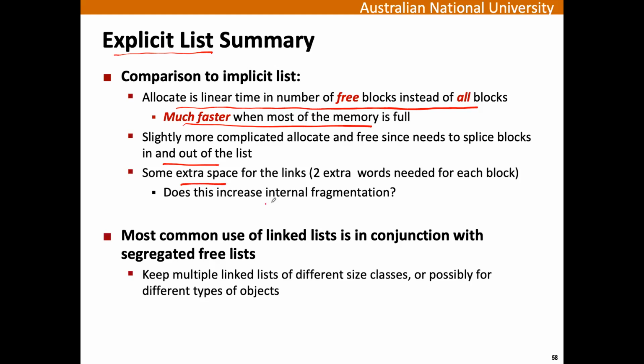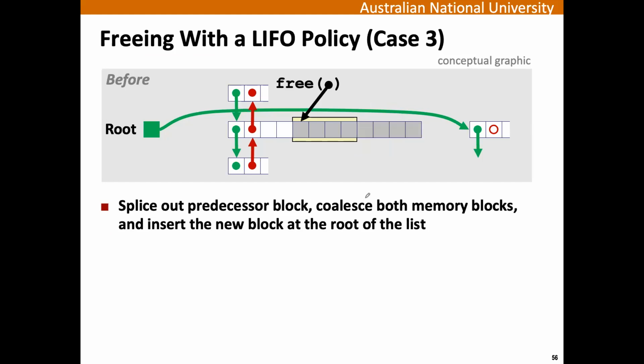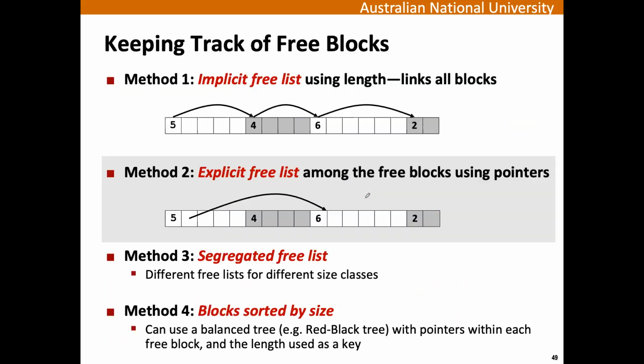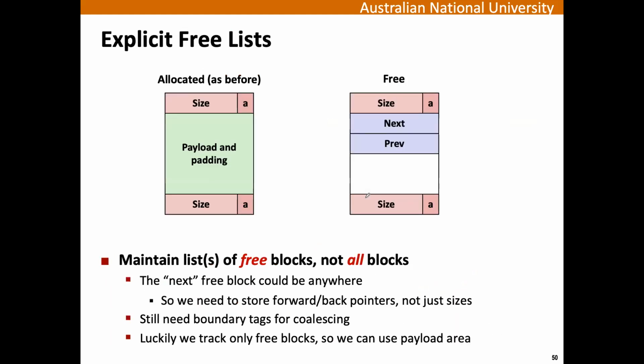Is there internal fragmentation due to next and previous pointers? Not really, because when we allocate the blocks, we don't need the next and previous pointers, okay? So this is an important optimization we asked you to do. Remember that when you create an explicit free list, either the block structure or the pointer that you return to the user of the malloc package should not consider next and previous pointers when the block is allocated.